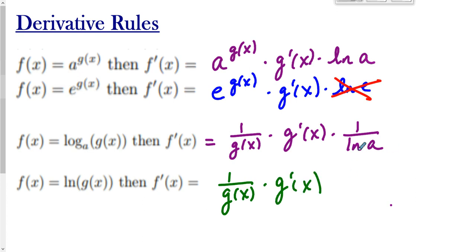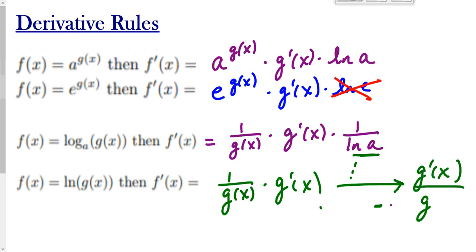Because natural log of e would be 1, you don't need to write that last part here. This doesn't need to have anything else after it. Sometimes we would write this just for consolidating's sake, like this. Generally speaking, you should know those rules.